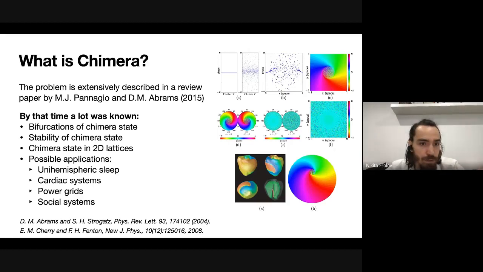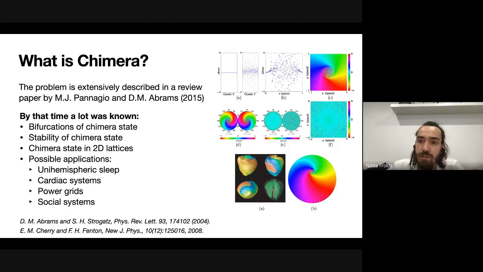The current state of research in this field is given in the extensive review by Panaggio and Abrams, and covers wide topics related to chimera states in coupled Kuramoto equations.